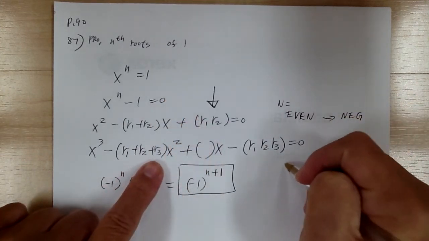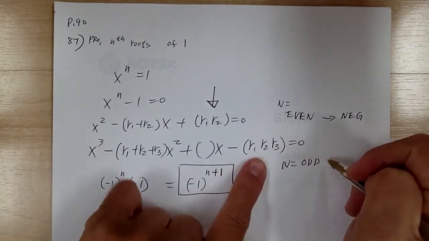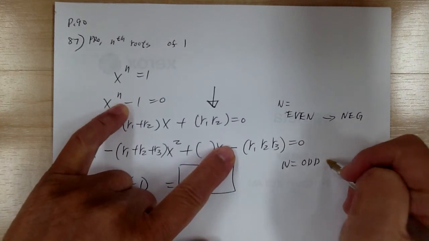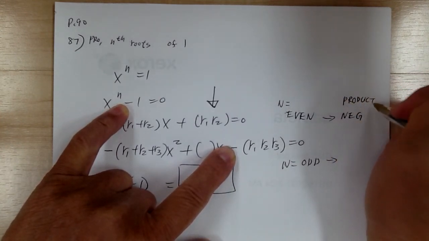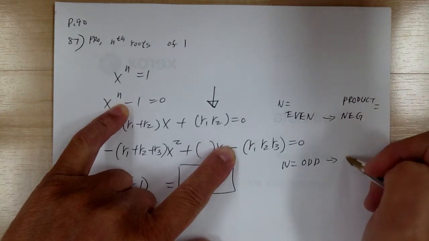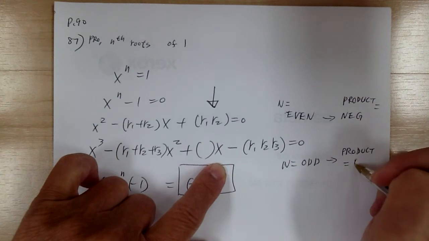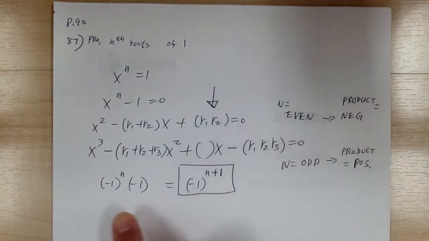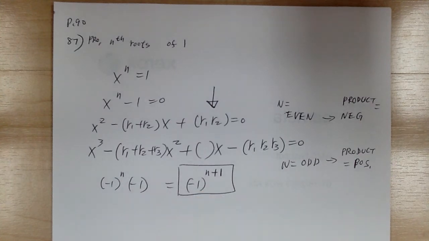Over here, when n is odd, the product matches exactly, so this would be the product, and this one will equal positive. So this one's going to alternate the signs. When you work it out, you're going to get these.